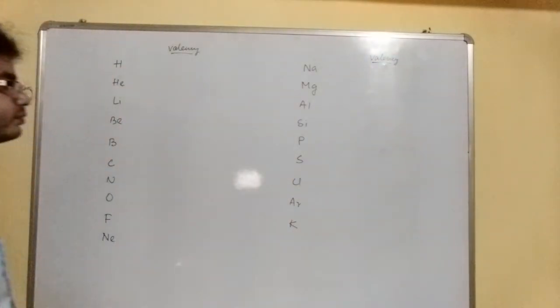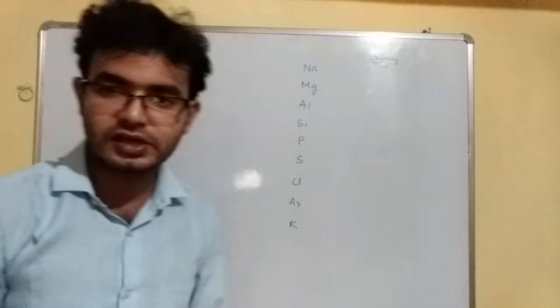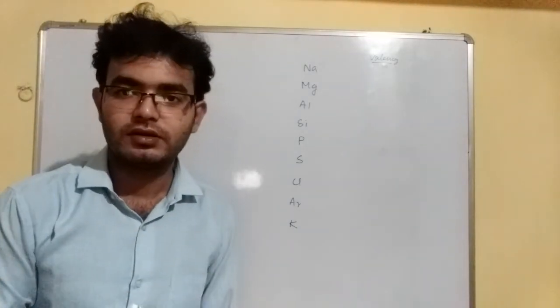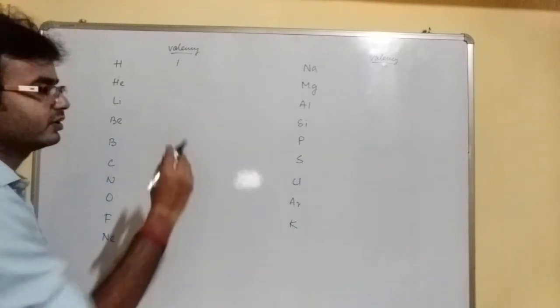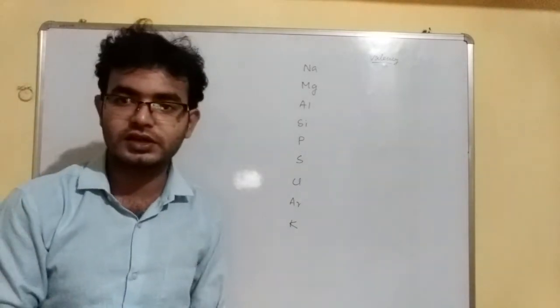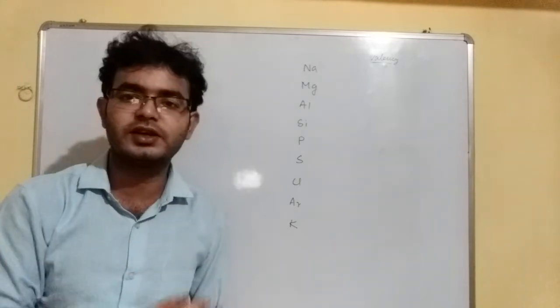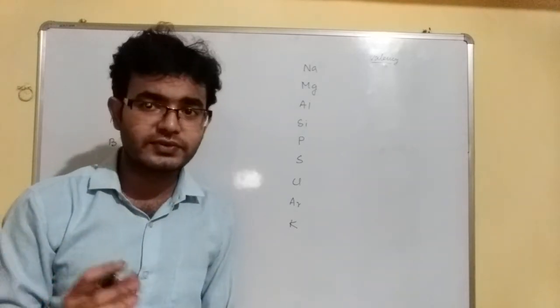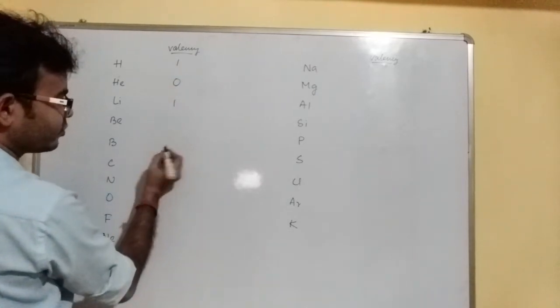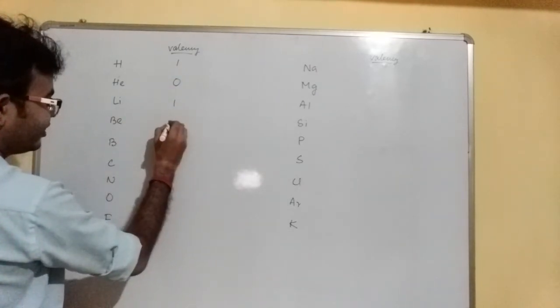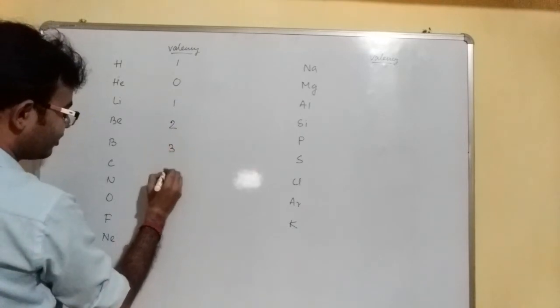Valency. So here in case of hydrogen it contains 1 electron in its valence shell, so its valency will be 1. Helium contains 2 electrons in the last shell, and we know that the first shell is filled by 2 electrons, so its last shell is filled, so its valency will be 0. For lithium it contains 1 electron, so 1. For beryllium it is 2, boron 3, carbon 4.